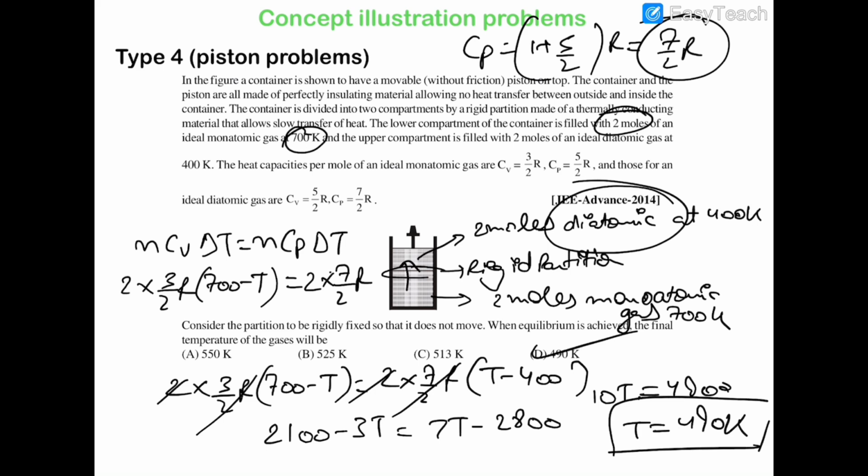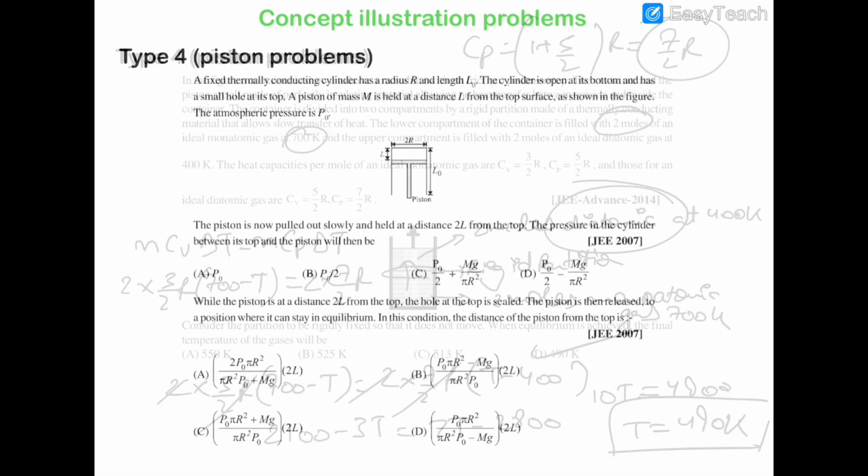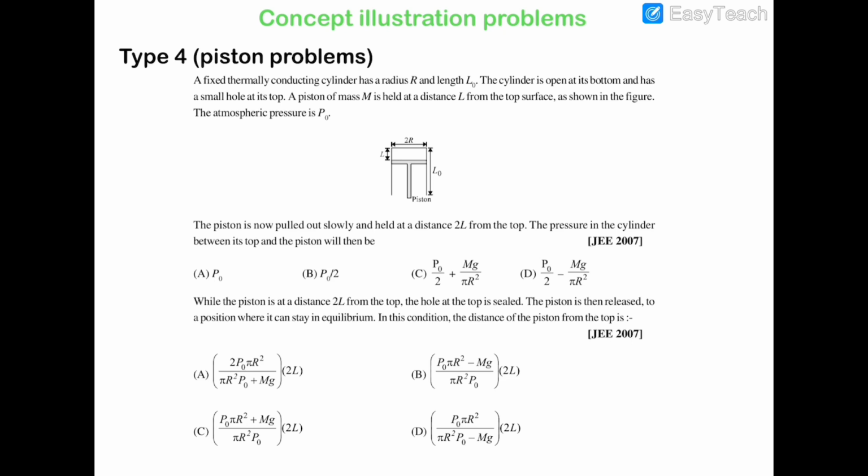Now we move on to the next question. In this question, you can see that there is a fixed thermally conducting cylinder, and the radius of this cylinder is R, and the length of this complete cylinder is L0.